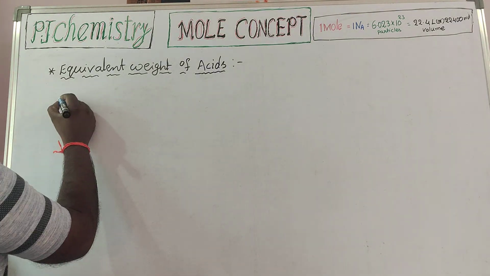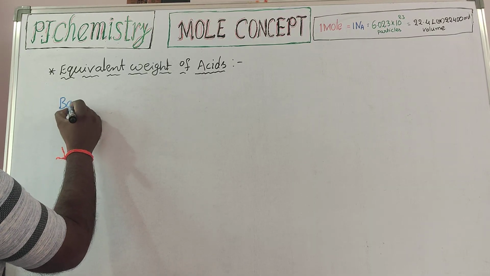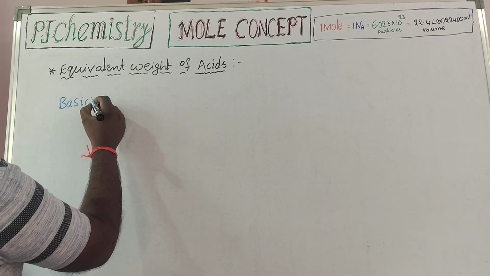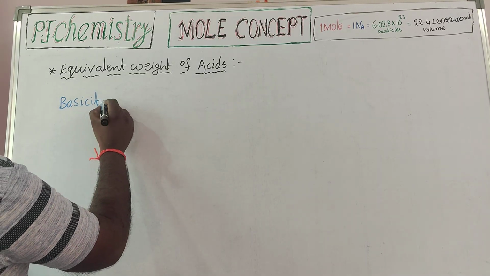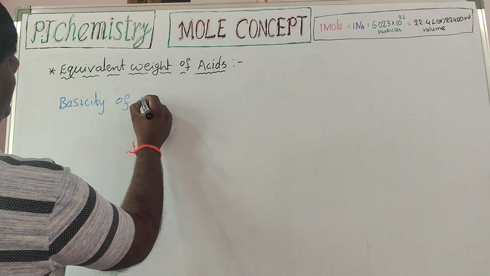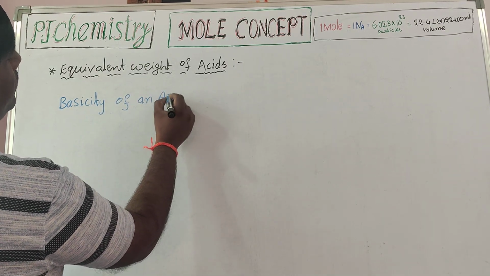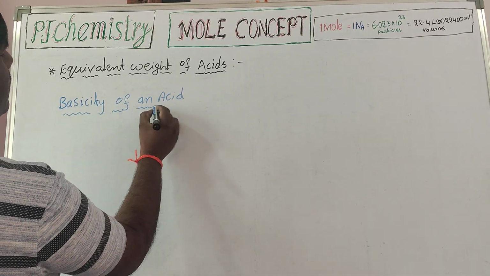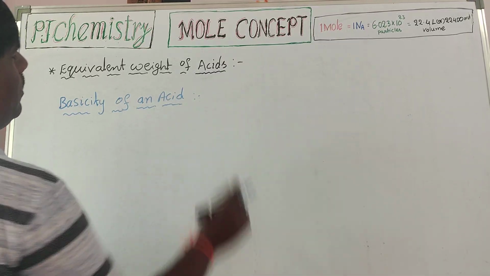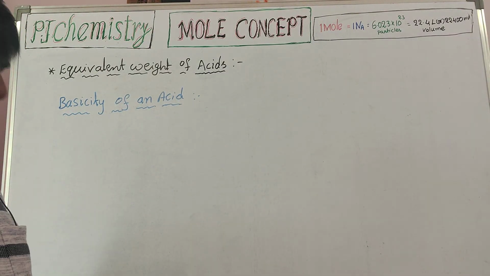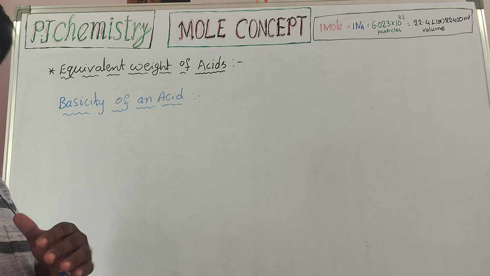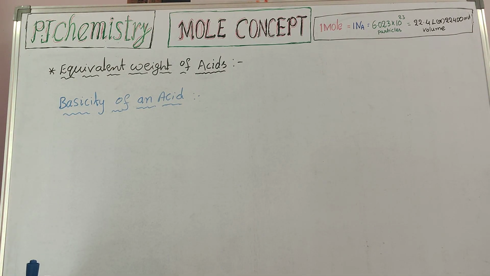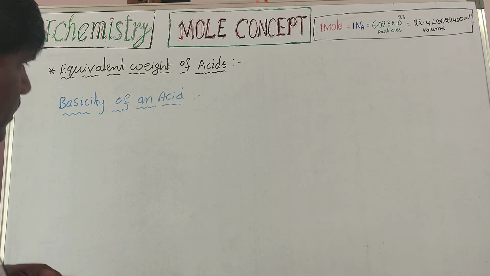It is the number of replaceable hydrogen ions an acid contains.